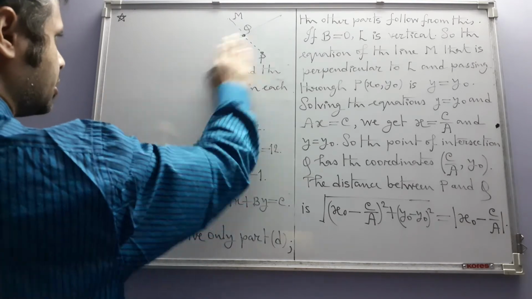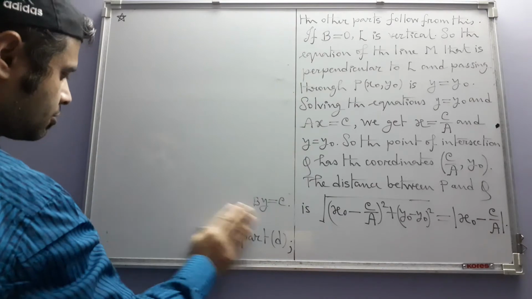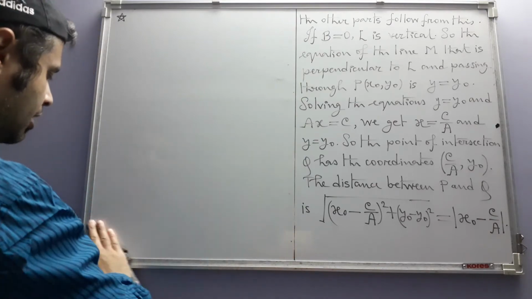And now we consider the case where b is non-zero, so that our line L is not vertical.